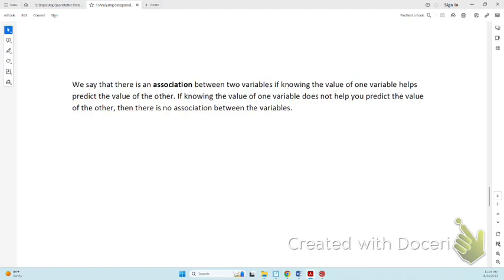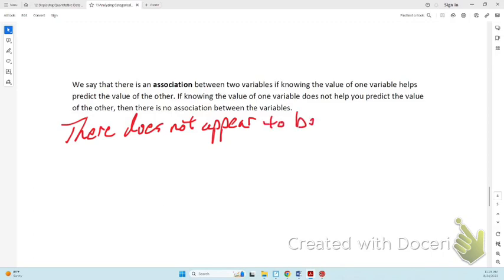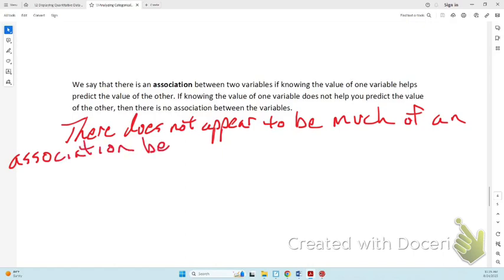There does not appear to be much of an association. Make sure you use context between class period and movie genre.